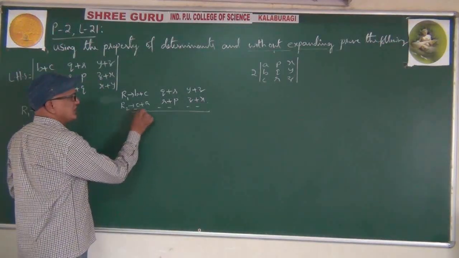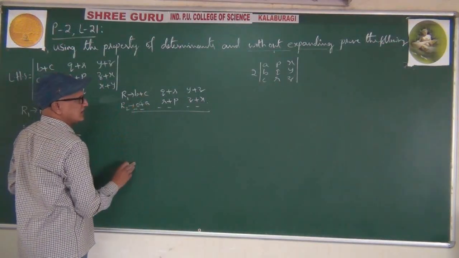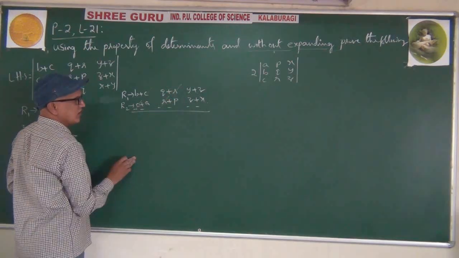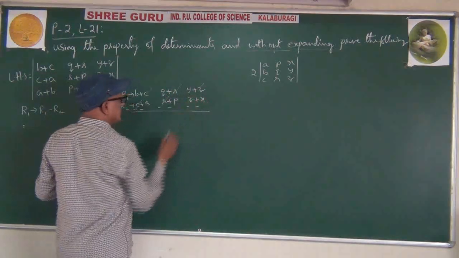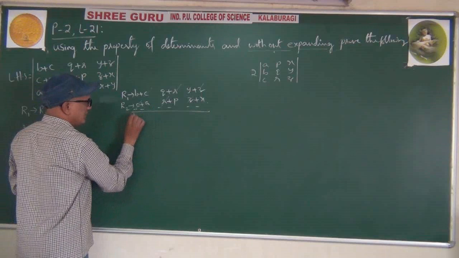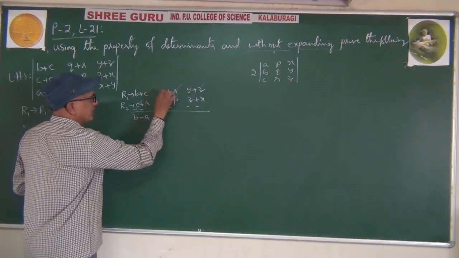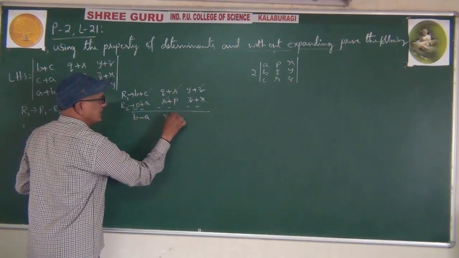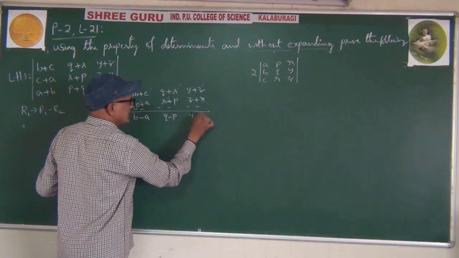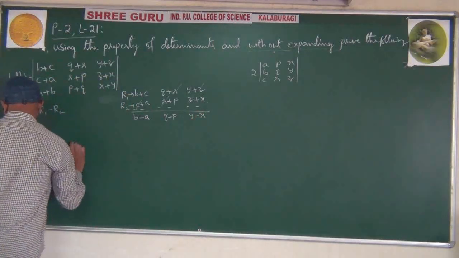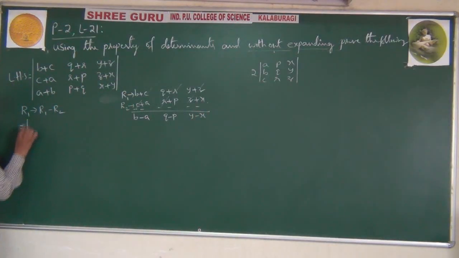Okay, if you subtract, plus C minus C got cancelled, plus R minus R got cancelled, plus Z minus Z got cancelled. B minus C, B minus A, Q minus B, Y minus X. This is R1. We are changing R1.